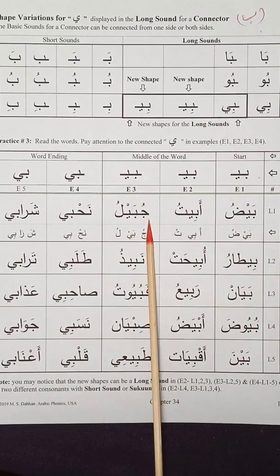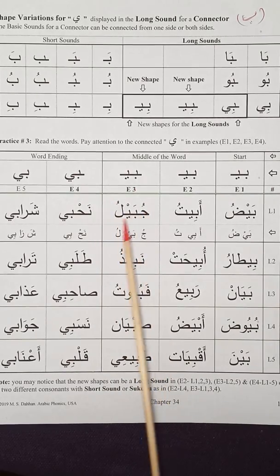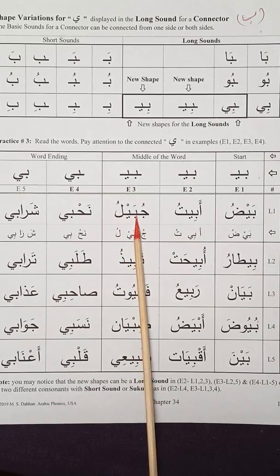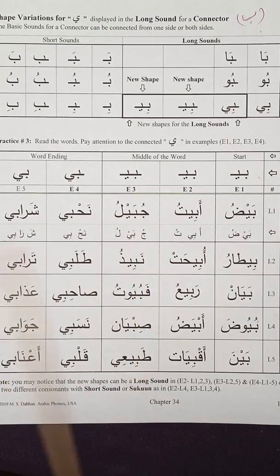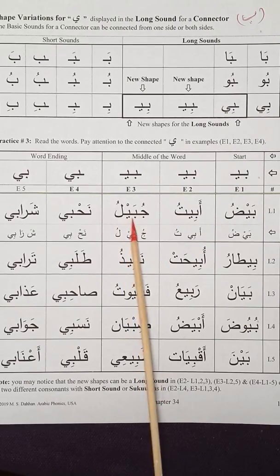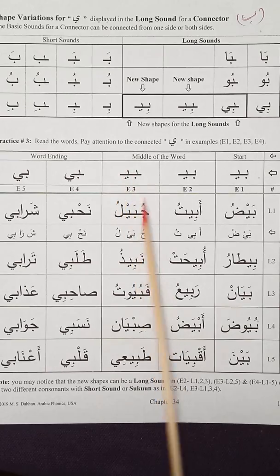Let's see this. We are in example number 3. I'm talking too much. Baylu. You can tell that there is a sukoon here, and this one has this vowel, so these are not here. This is two consonants next to each other, but the shape here is new to you, right?